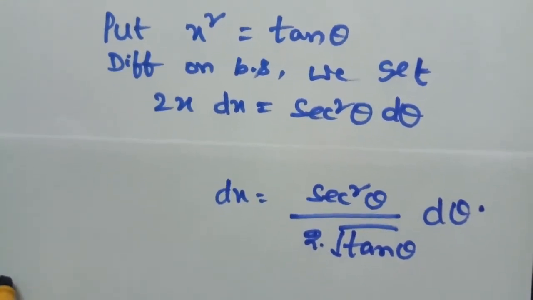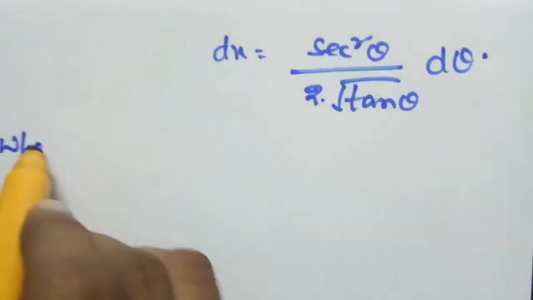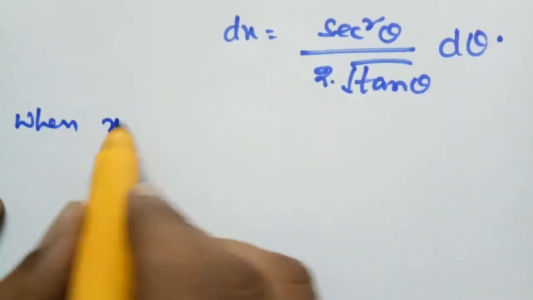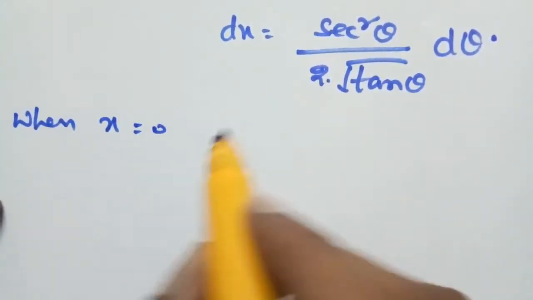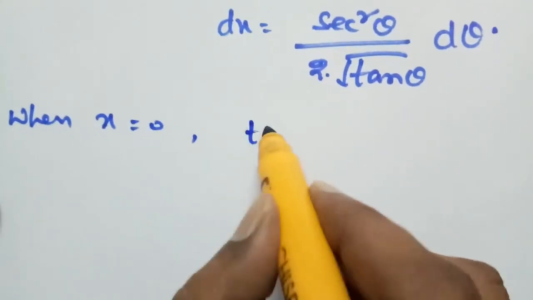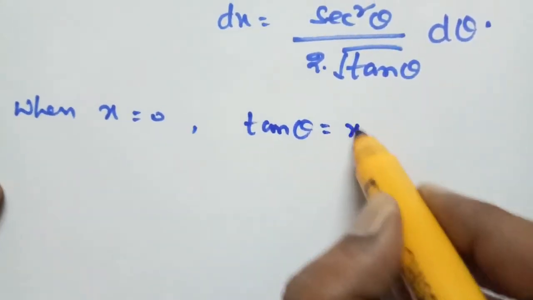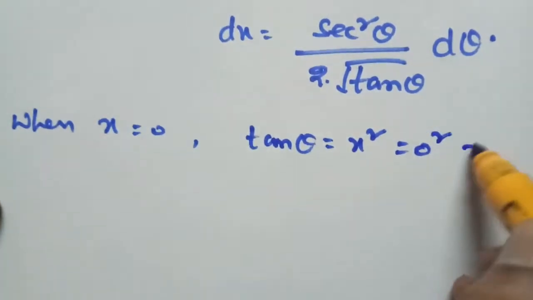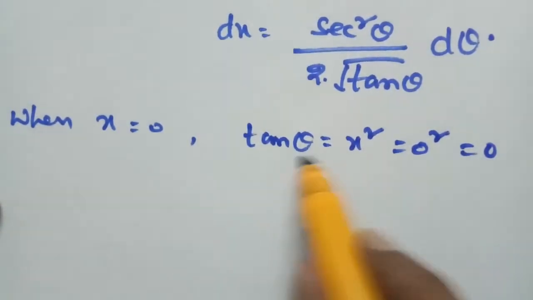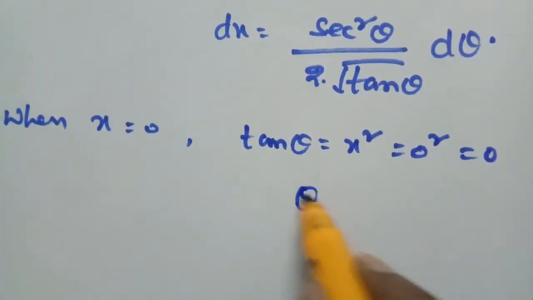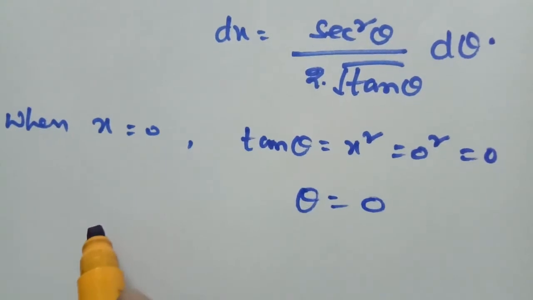How will the limits change? When the x limit is 0, tan theta equal to x square, that is 0 square equal to 0, tan theta equal to 0, theta equal to tan inverse of 0, therefore 0.